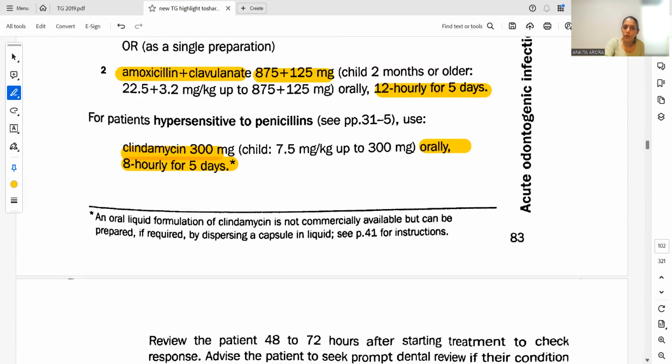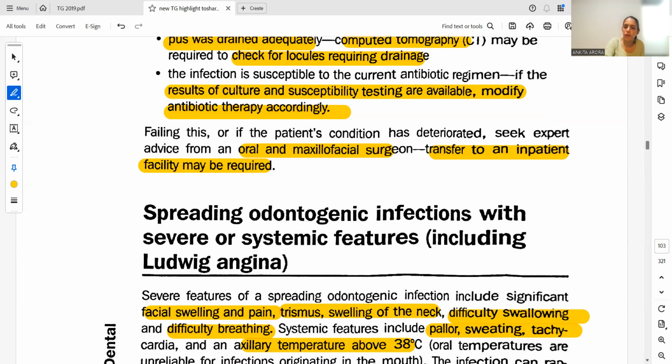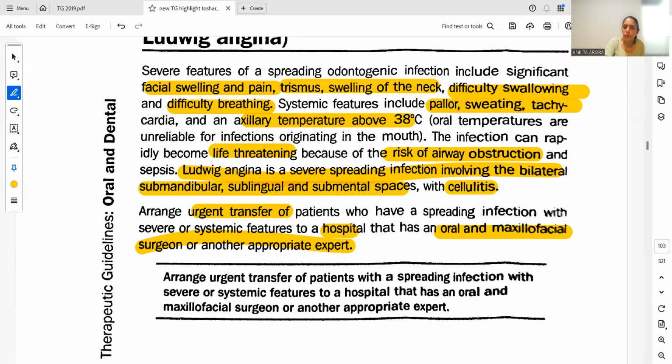Whereas if they change the wording to the patient is unable to breathe, the patient is sweating, the patient is having difficulty opening the mouth, all this will suggest systemic features involvement, and your first line will be to refer this patient to an oral and maxillofacial surgeon in the hospital. Urgent transfer is key.